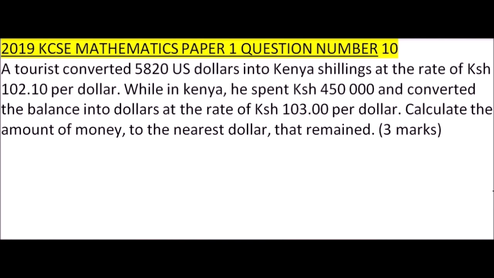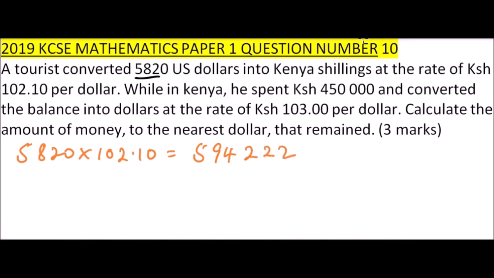So with that, if he had 5,820 US dollars to convert, you need to multiply the dollars 5,820 by the exchange rate, which is 102.10 Kenyan shillings. When you multiply that, this should give you 594,222 Kenyan shillings.